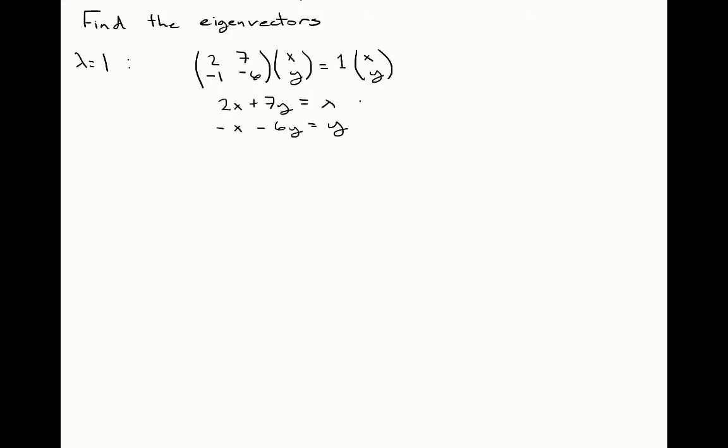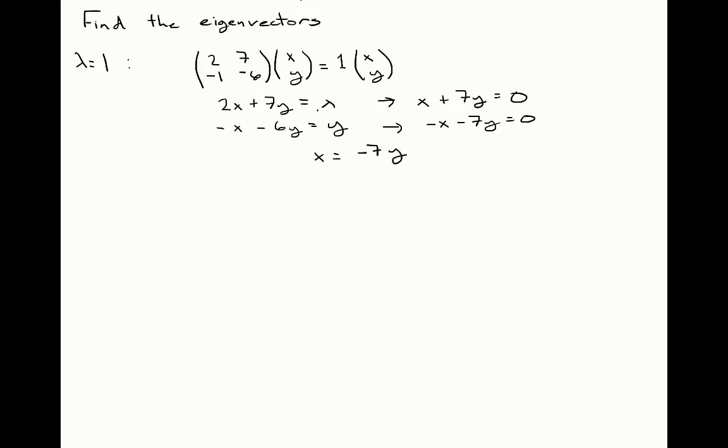If we do a little bit of rearranging for each of these, this one turns into x plus 7y equals 0, and this one gives us minus x minus 7y equals 0. So both of these equations give us the fact that x equals minus 7y.